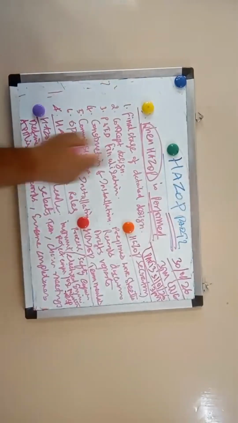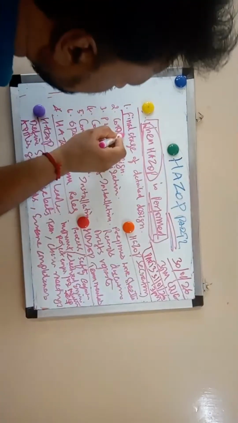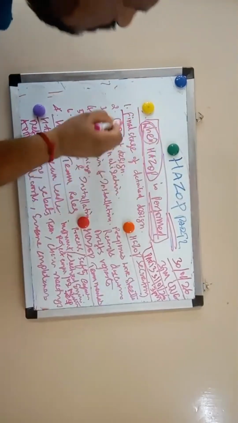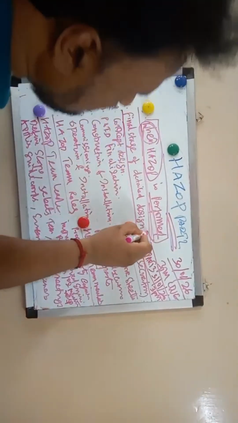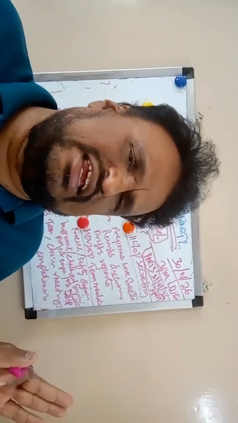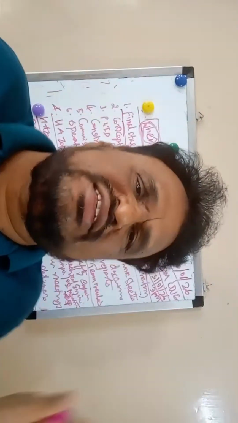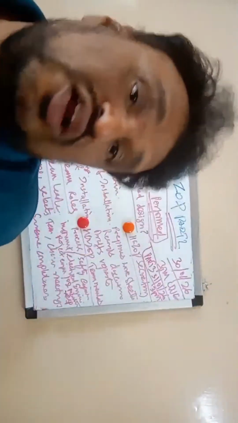So why is HAZOP performed? It is performed at the final stage of detailed design. Each and every process industry has a complex design pattern, because from raw material to end product there is a life cycle, and in this life cycle there are different units, not a single unit.